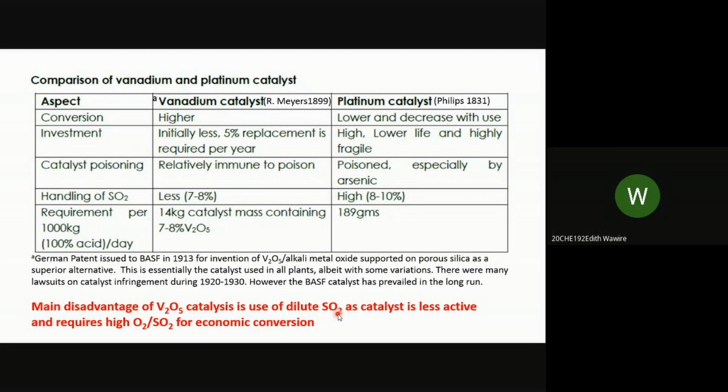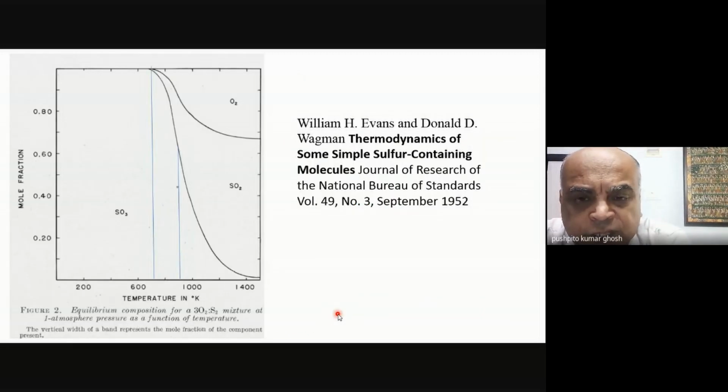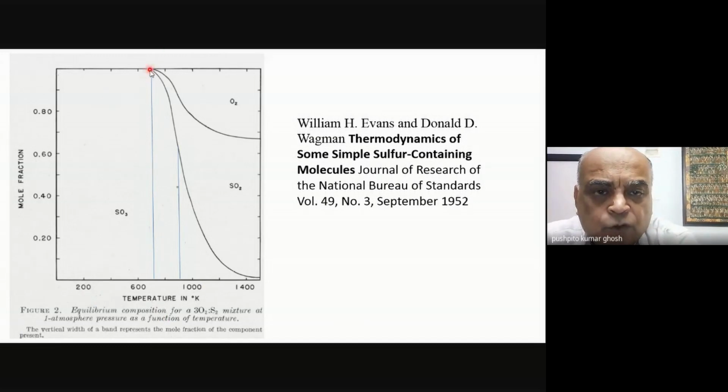Yes, sir. Okay. We had already gone through this plot before. All I've done is put in two lines over here. If you look at this, this is the place where you are getting more or less 100% SO3, when my absolute temperature will be around 700 K. In degrees Celsius, it will be about 430-40 degrees Celsius.